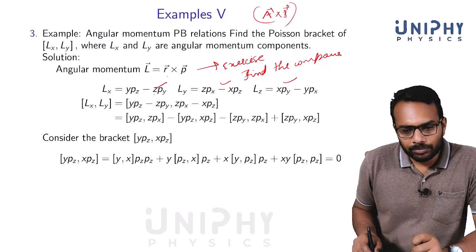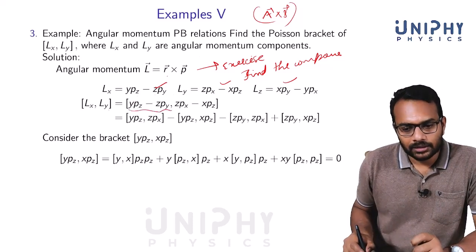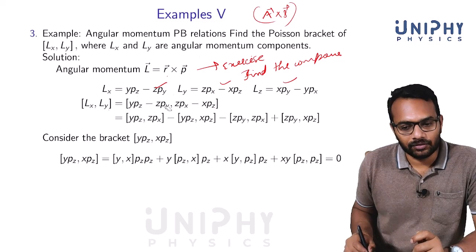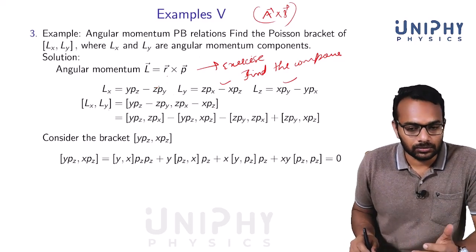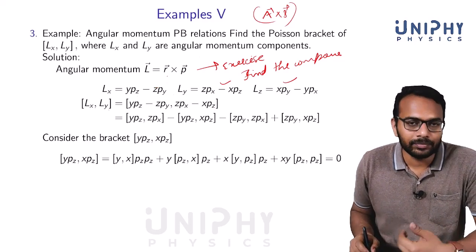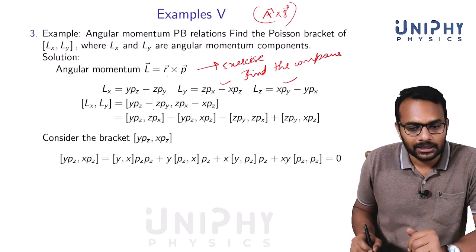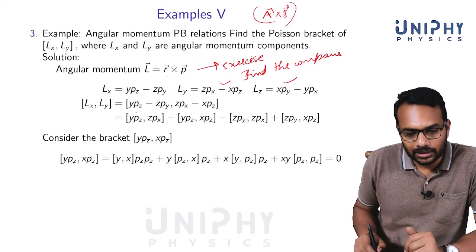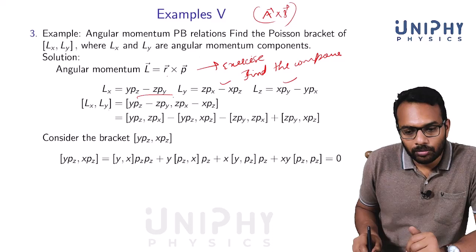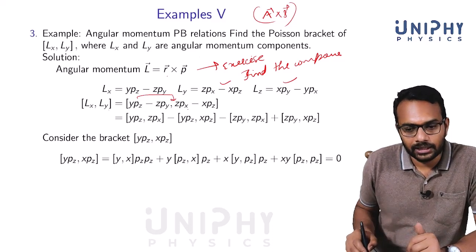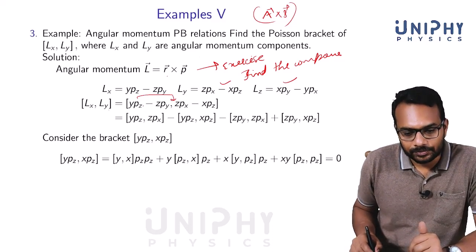So it's ypz minus zpy, comma zpx minus xpz. Now we can use the distributive property and the other properties, and we can write them down like this. It's ypz comma zpx, and minus, there's also a second term here. So you take the first term and combine it with both these terms.